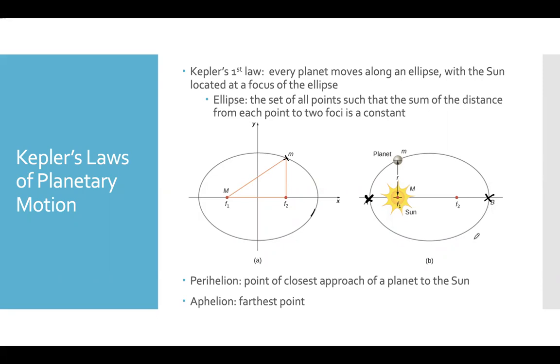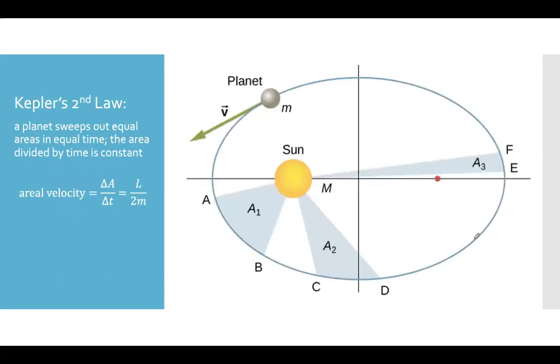Okay, so let's go ahead and now look at Kepler's second law. It states a planet sweeps out equal areas in equal time. The area divided by time is constant. So what does that mean? This means that as this planet travels around, it's going to have some velocity v here, along this path.